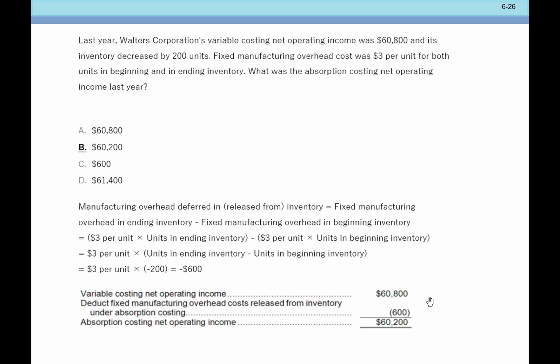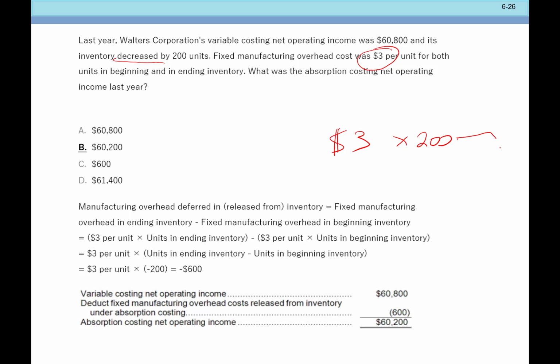What was the absorption costing net operating income? We pick up the $3 per unit, and we had a decrease of 200 units.